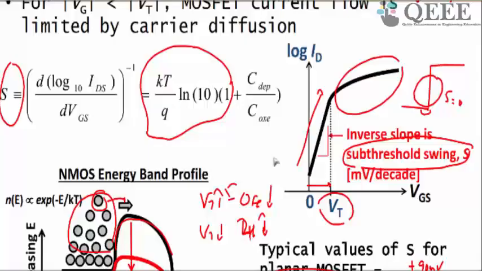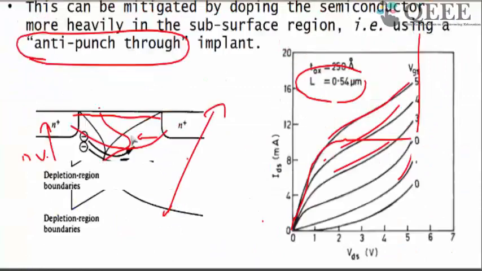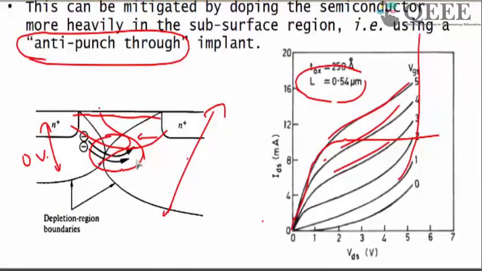In the case of anti-punch through, if we dope heavily, then how can we manage gate length? Keep in mind, the anti-punch through implant is a deep implant. Your goal is to dope the region heavily somewhere deep, so the peak of that concentration will be somewhere in the middle.